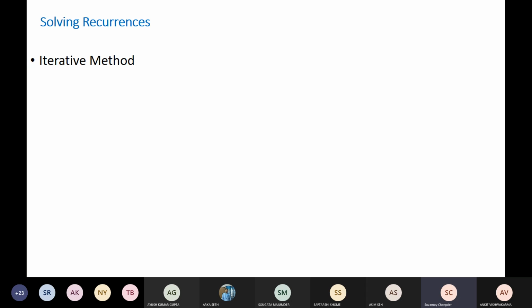Switch off the microphone. So let us consider one example for the iterative method. After that, we will go on discussing. Someone's microphone is on. Please switch that off.